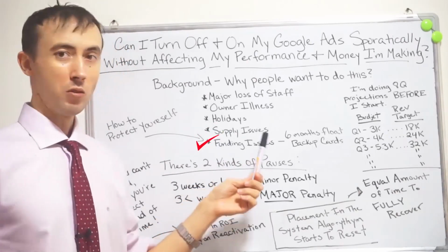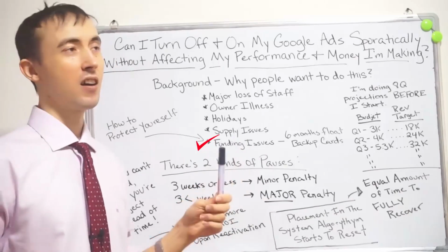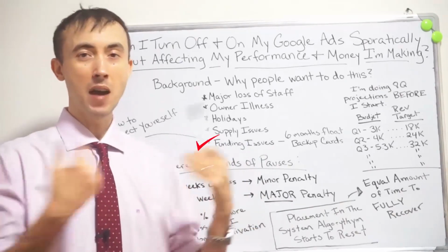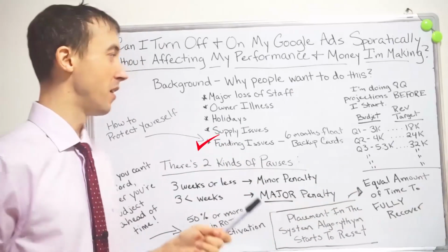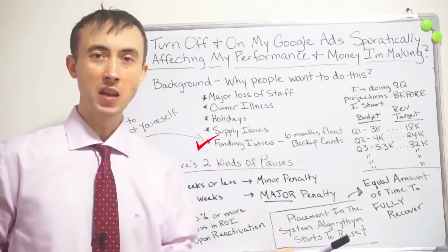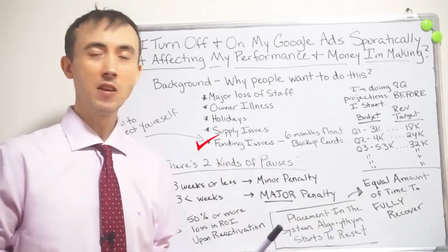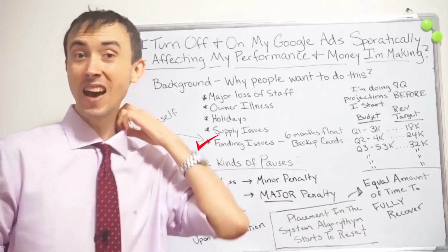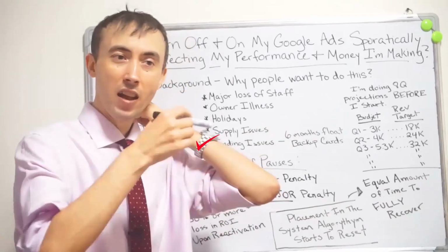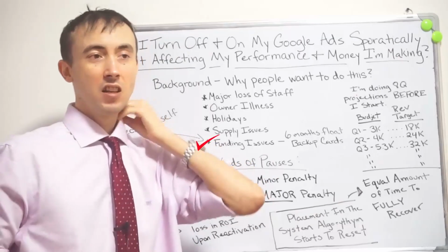And then funding issues. Here's the big one that just drives me nuts. It's easy for me to say, since it's not my business that has the problem, but there's no reason why you should ever run out of money if you're even an average operator, because once the ads are working, they deliver day in and day out, and it's pretty consistent.